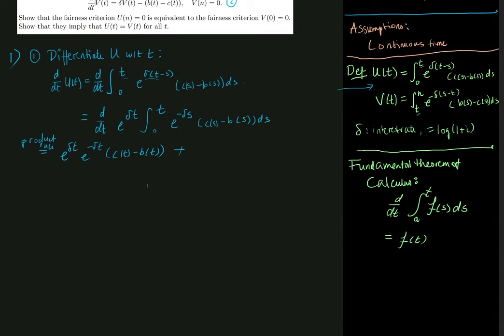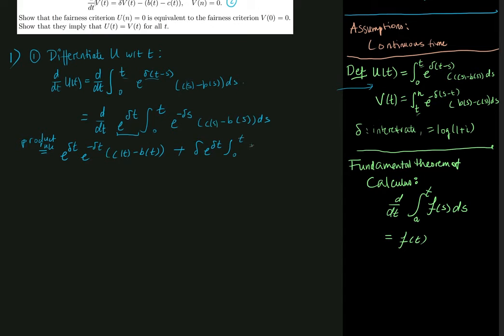And then the second term using the product rule is the first part differentiated, which, well, it's not that different. I just get a delta down here, e to the delta t, and then the second part non-differentiated.